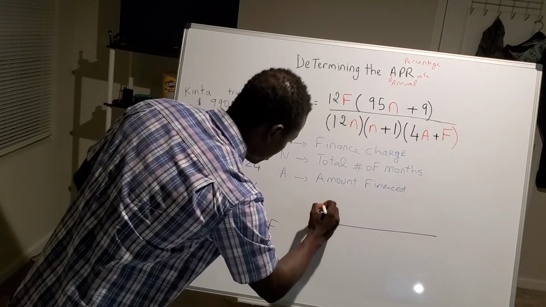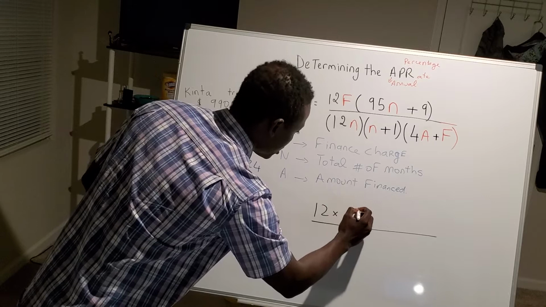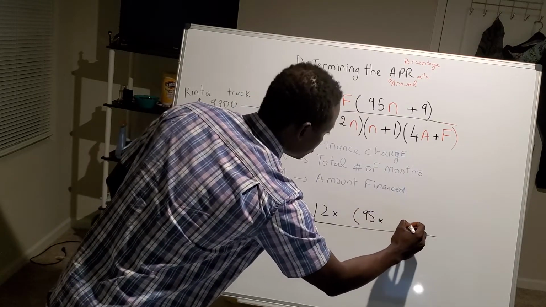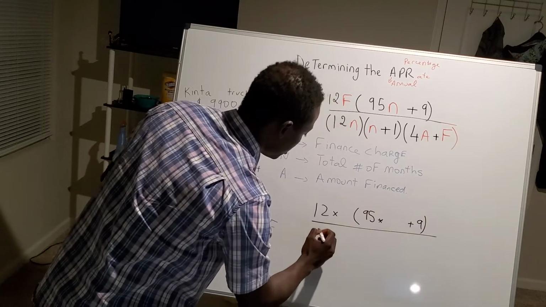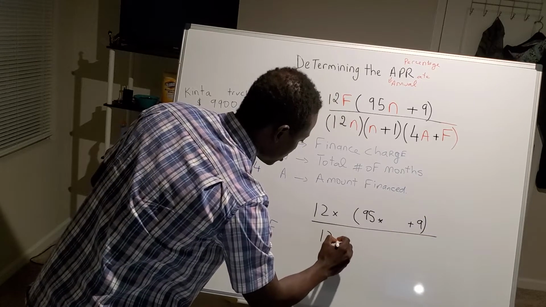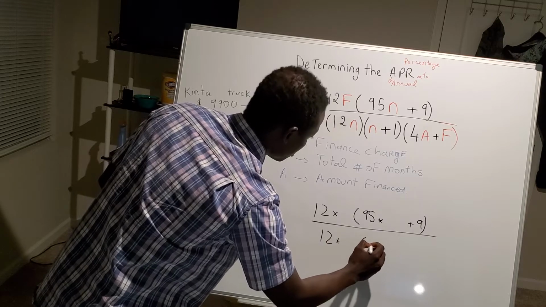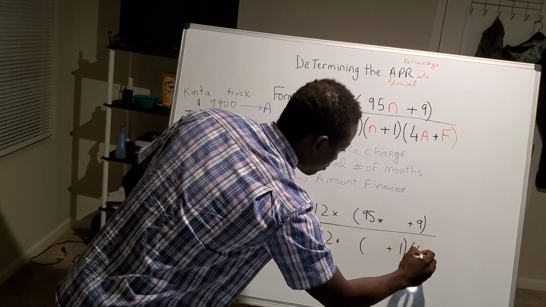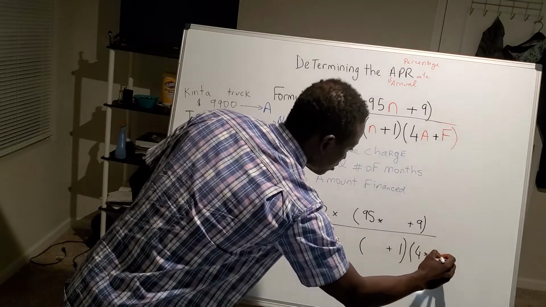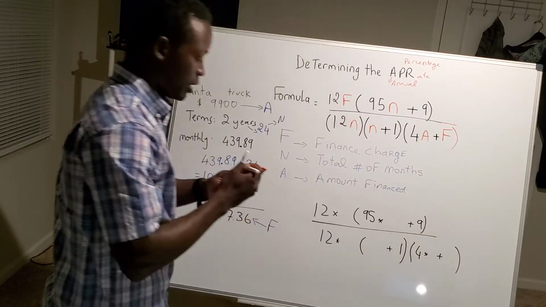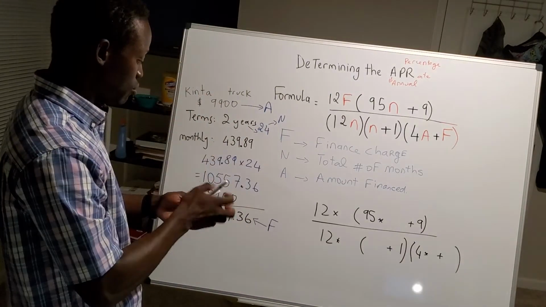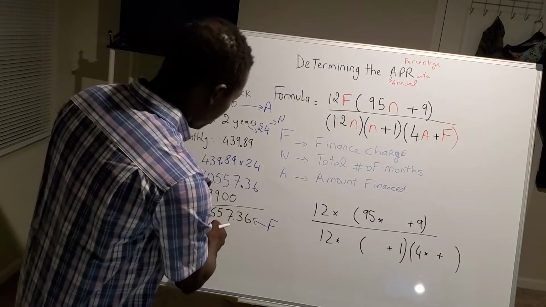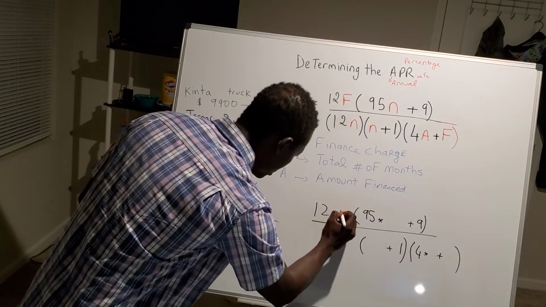So 12 times, and then 95 times, plus 9, and then 12 times something, plus 1, and then 4 times plus F, right? Okay, so I'm just gonna fill in the numbers. I'm gonna use red. 12 times F, the finance charge, 657.36.